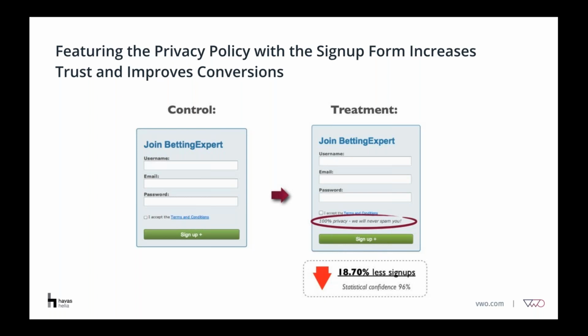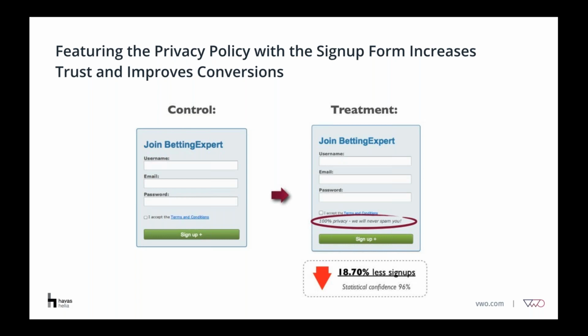Let's take this first example. All of us know that building trust is very important for conversions, and if you have trust elements on your website, you will definitely get success. A recent case study by ContentWorks showed that their challenger, which included a "100% privacy, we will never spam you" message with the sign-up form, lost to the control, and they actually reduced their leads by almost 18.7%.